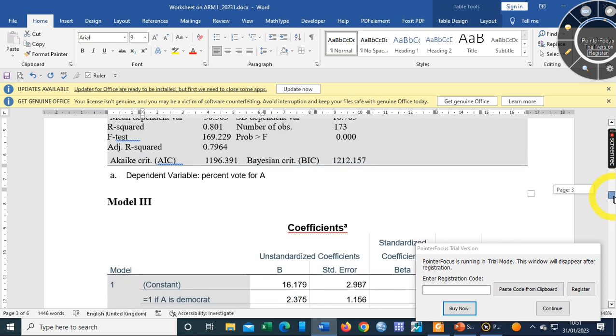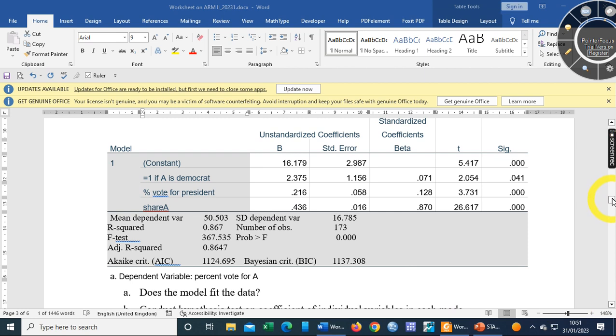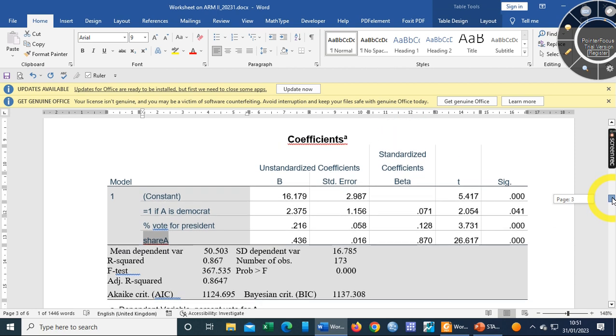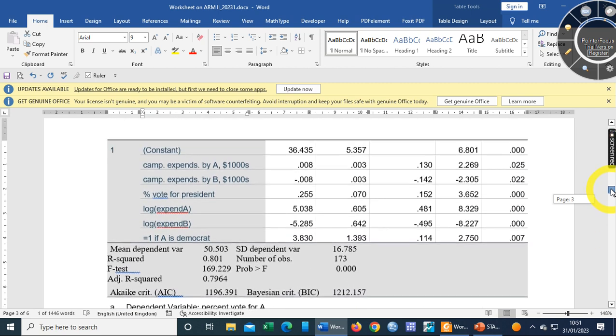In the third model, we considered share and excluded the independent campaign expenditure made by the two parties.